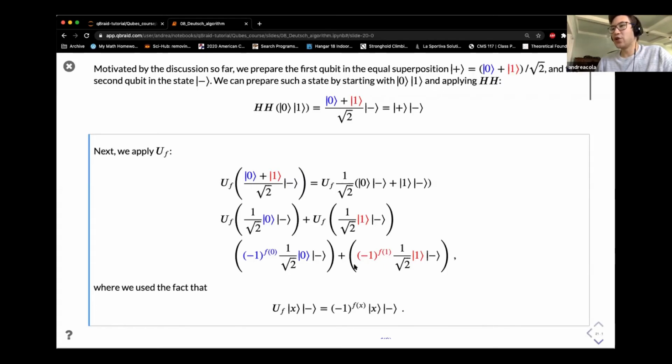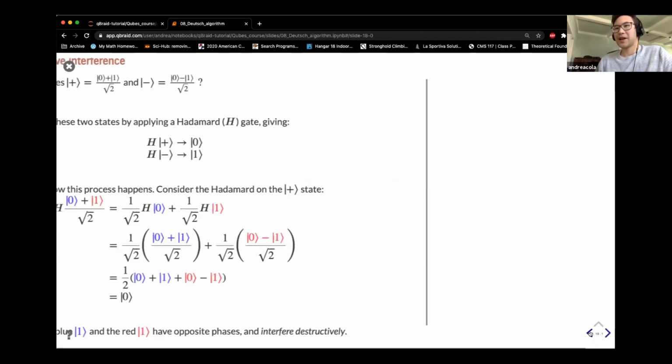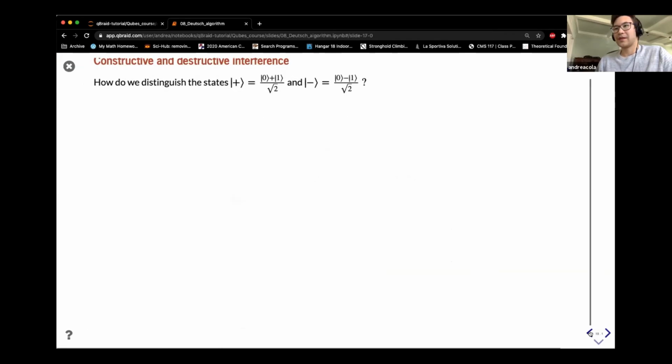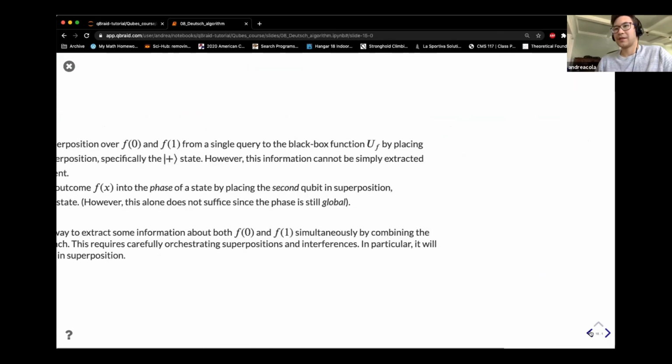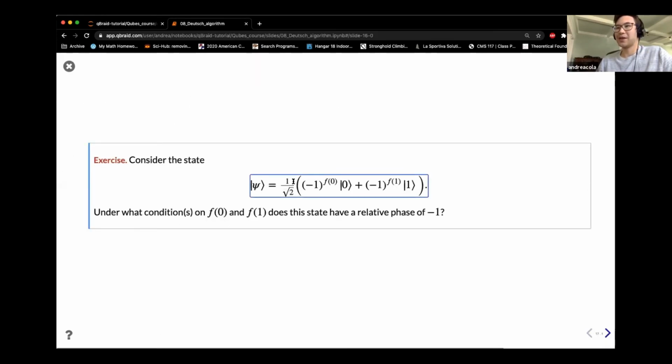Now if you look back, this state here is exactly what we had in the exercise that we did just now. You see the state of the first qubit in that final expression is precisely the state that we had from that exercise.